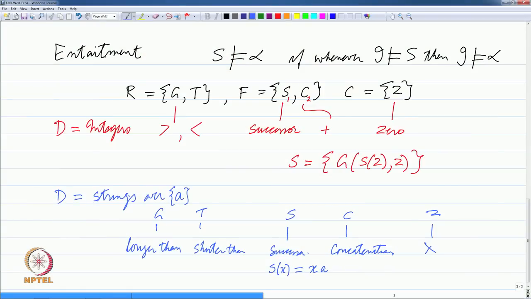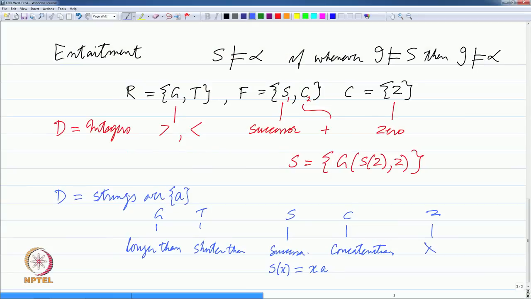because in both those interpretations, in one case the successor number is always greater than the other number. In this case, if the successor is defined by appending a at the end, then it will be longer than the other number. So, this sentence that we have, g of s of z comma z, is true in both the models. So, both are models of this.